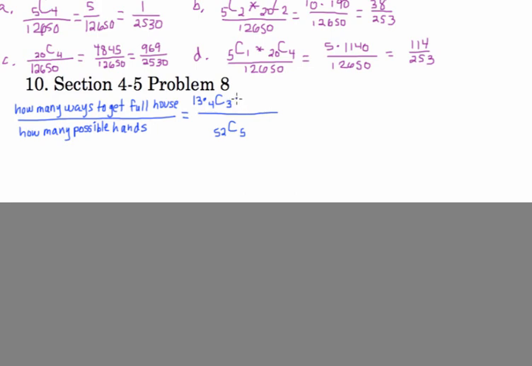And then you need 2 of a kind. So again, let's say you're getting 9s. Well, you've got 4 9s, and you need 2 of them. So there's going to be 4C2 ways to pick out your 2 of a kind, if, say, you have a specific rank, like 9s.